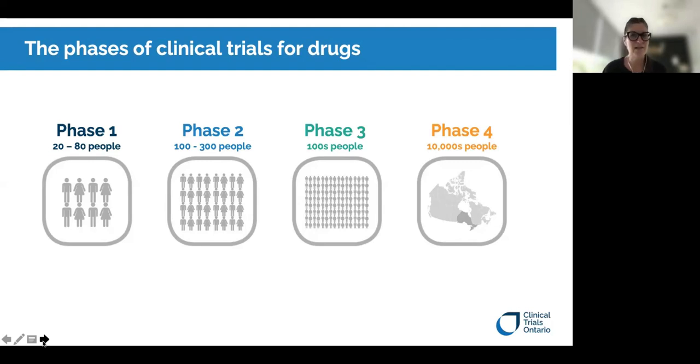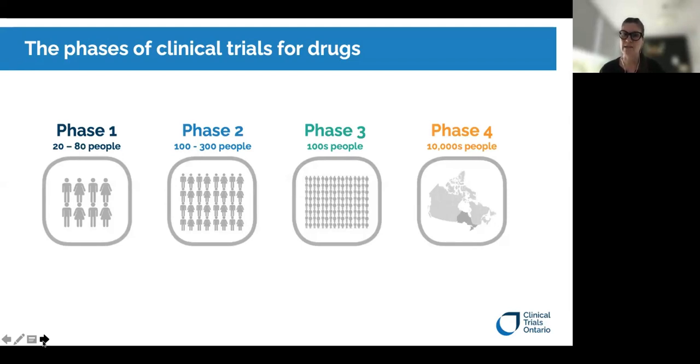If it does go on to a phase 2 study, so phase 1 studies are generally looking at safety, a bit about dosing. Phase 2 studies, if the phase 1 study wasn't done in people with the condition for which the therapy is intended, this is when it will be with participants who live with that condition.